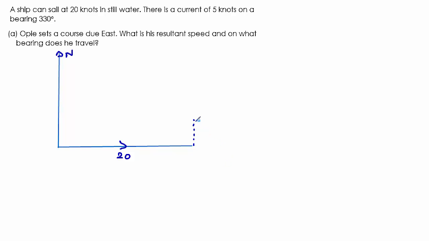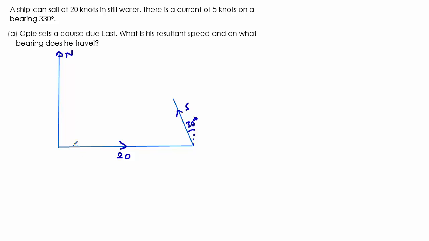So north is here. 330 is going to be 30 degrees to the left of that. So that's going to be like that. And we know that this is 5, and this angle here is 30 degrees.